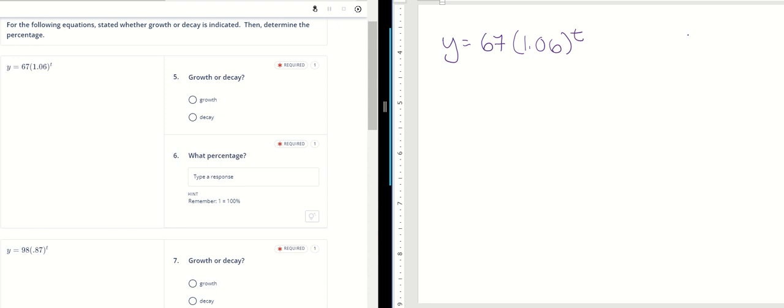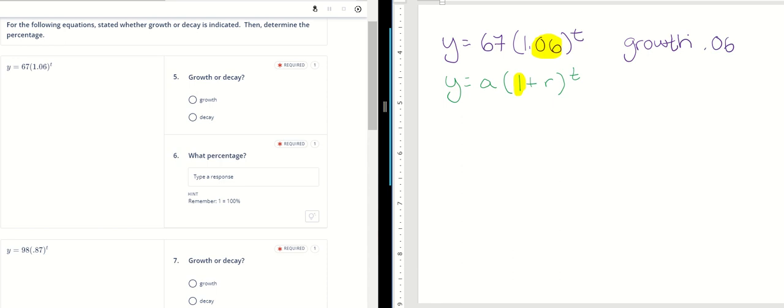Is this growth or decay? Well, remember your original formula has your starting amount and then 1 plus whatever your rate is to the t power. So here we can see that this has gone bigger than our original 1. How much bigger is it? 0.06. So we have growth here by a factor of 0.06.